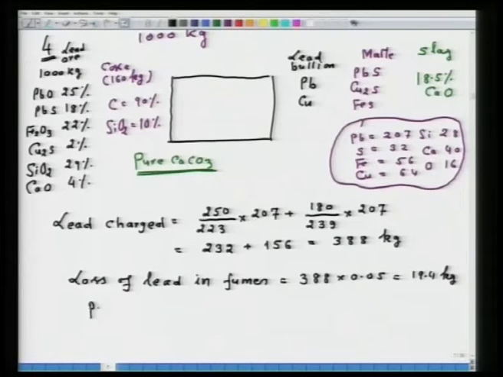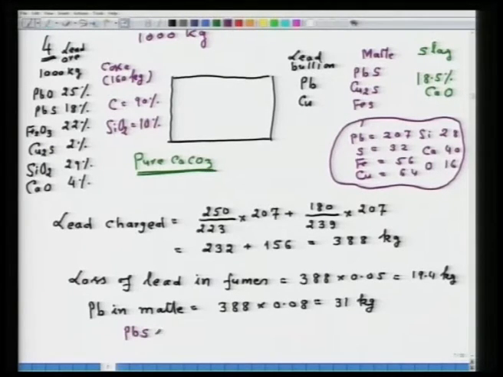Lead in matte, as it is said, is equal to 388 into 0.08, that is equal to 31 kg, and therefore PbS in matte we can easily recalculate as 35.84 kg. That is one component of the matte, which is PbS.